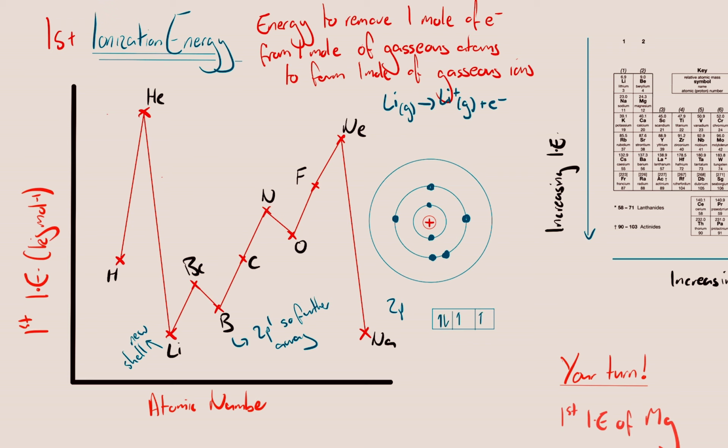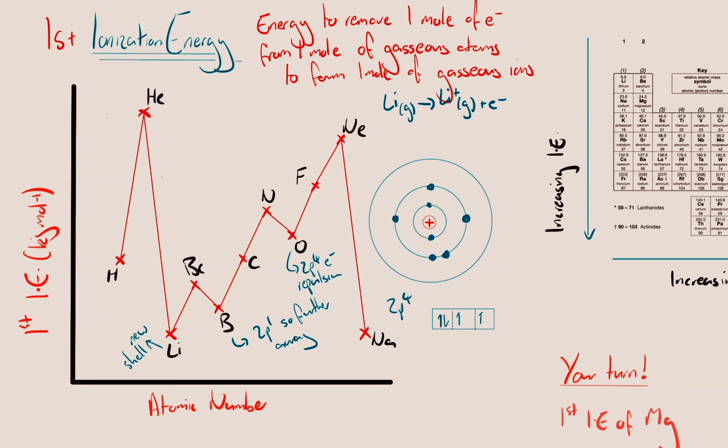With oxygen, we have 2p4. So what happens here is there is an electron pair, and so this repulsion is what causes this drop. So it's 2p4, electron repulsion is what leads to this change in pattern.